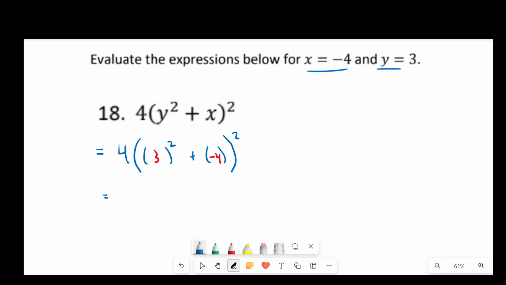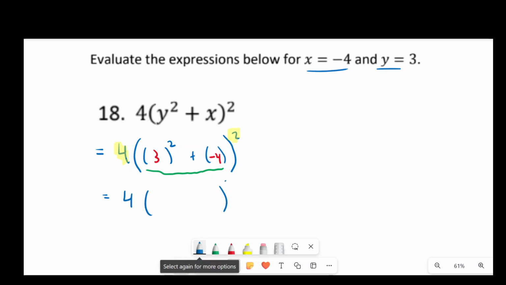Being careful with our BEDMAS rules, I have 4 times a bracket. That bracket has an exponent, so I know the exponent is going to happen before that 4 happens. But before either of them happen, I have to deal with what's inside the bracket. So let's do that next.